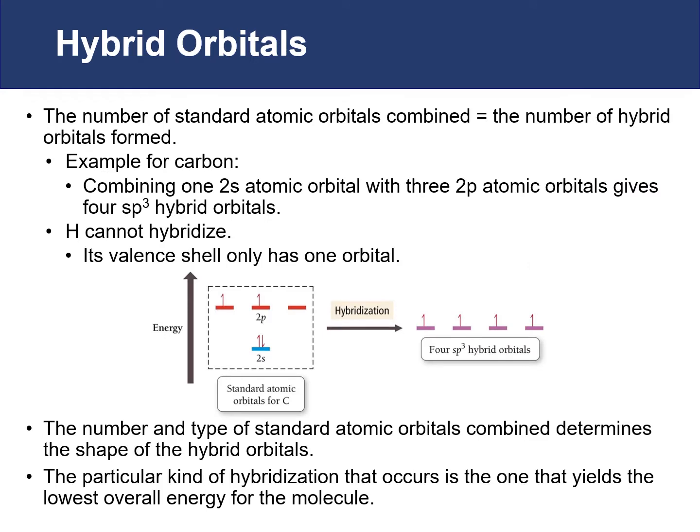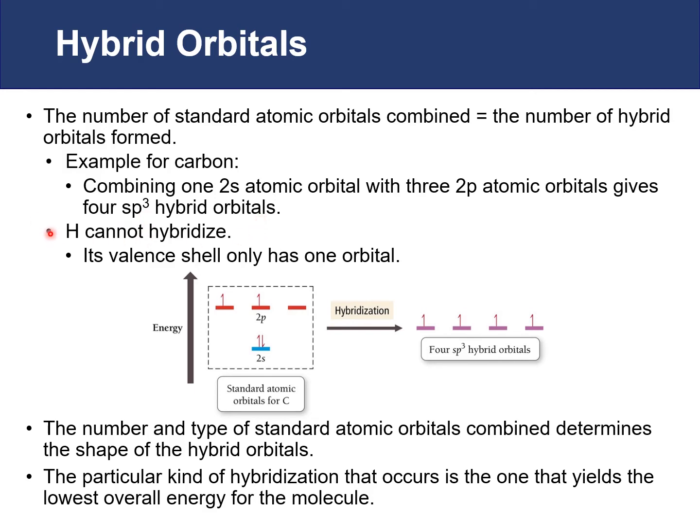A key feature to remember when you are first learning about hybrid orbitals is that the number of standard atomic orbitals, that would be your s, p, and d, that you are adding together equals the number of hybrid orbitals that are formed. So for example, carbon, we could combine one of the two s orbitals and three of the p orbitals, which gives 4 sets of sp3 hybridized orbitals.